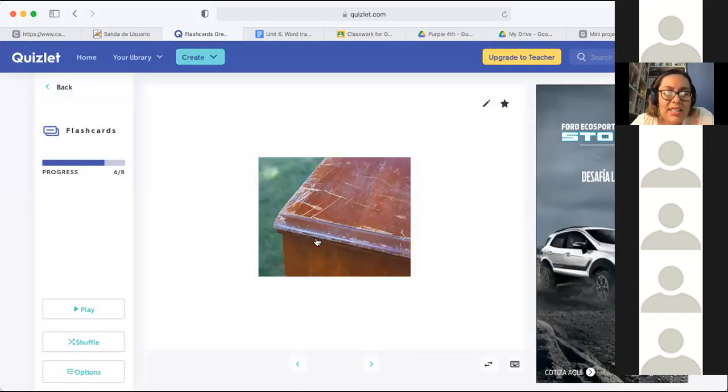So, okay, let's see. This I imagine was a dresser or a table or something like that. And it is damaged again, but what kind of damage does it have? What are these things? Scratched. Okay, scratched is an adjective. So what is the noun?